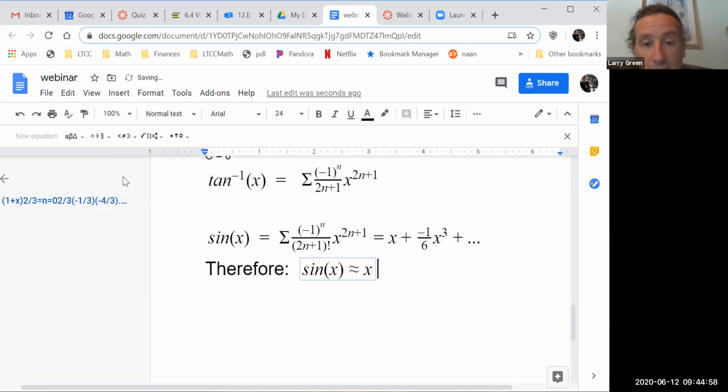Sine of x is about x. And that's good to quadratic because remember the quadratic term is just 0. So that is good up to quadratic. So x is very close to the sine of x as long as you don't get too big. As long as you stay under 1, then x is close to the sine of x. And there's 1 radian, by the way, and 1 radian is pretty big. So this is a very nice approximation of the sine of x. And we can see that it's actually good up to quadratic, not just linear, even though it looks linear.